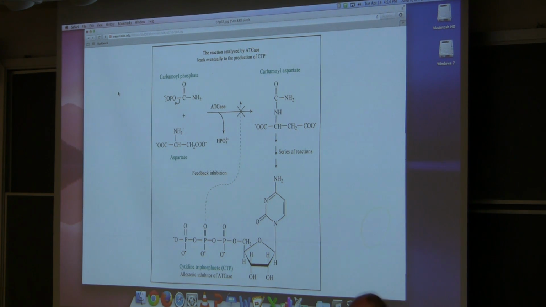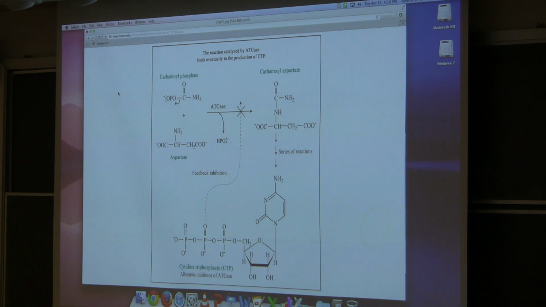I'm turning off the spigot, and the spigot is right here. The cell can control one enzyme and control an entire pathway. That's a very powerful concept. It makes for simplicity, but it also allows for some pretty cool stuff.